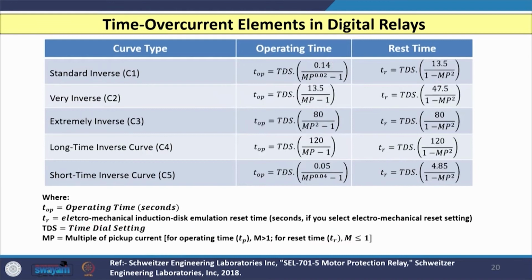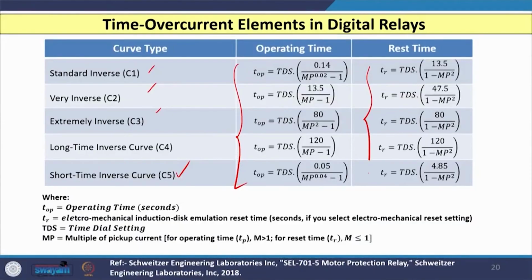Similarly, for the IEC curves also from C1 to C5, the different equations of the time of operation of the relays are given in terms of TDS and multiple of pickup current, and similarly the equation of TR for the respective curve is also given if I wish to use a digital relay as an electromechanical relay.